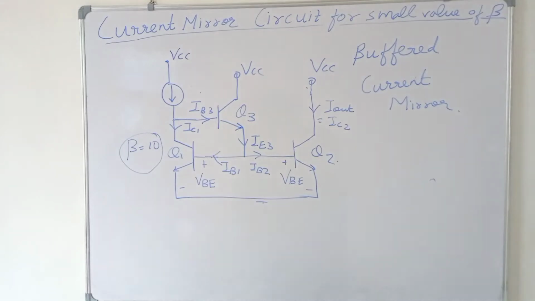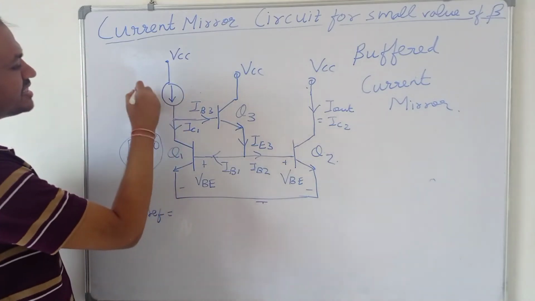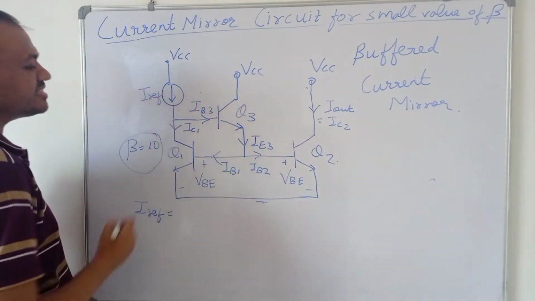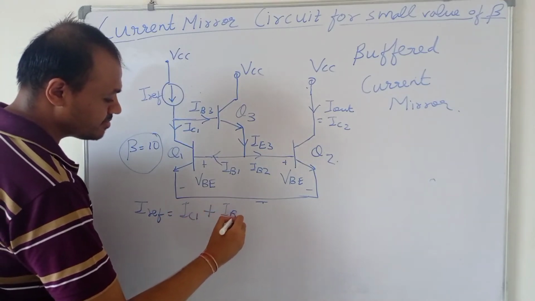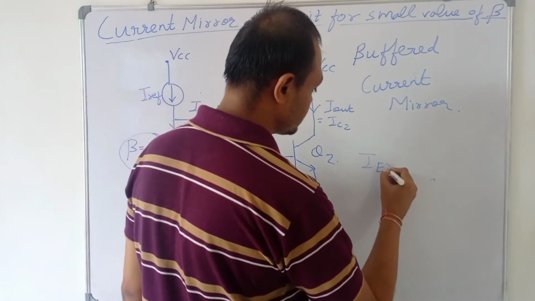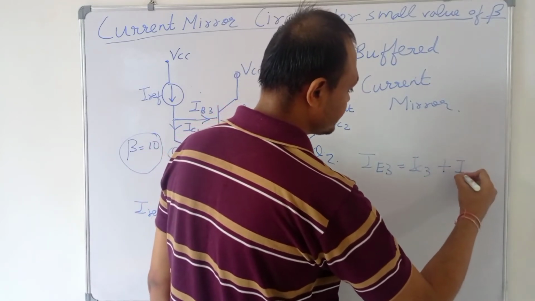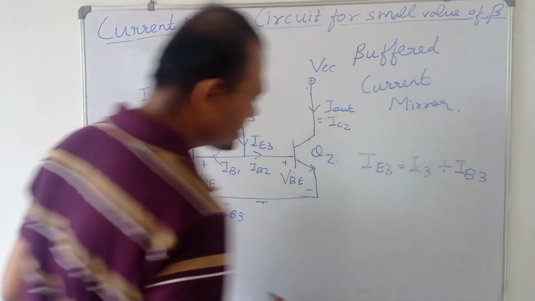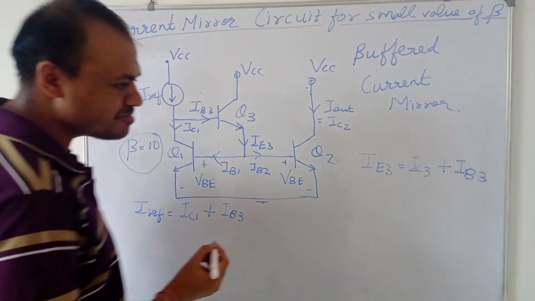Now Iref, this is Iref, is equal to IC1 plus IB3, and IE3 will be equal to IC3 plus IB3, from the rule of transistor currents: emitter current is equal to collector current plus base current.